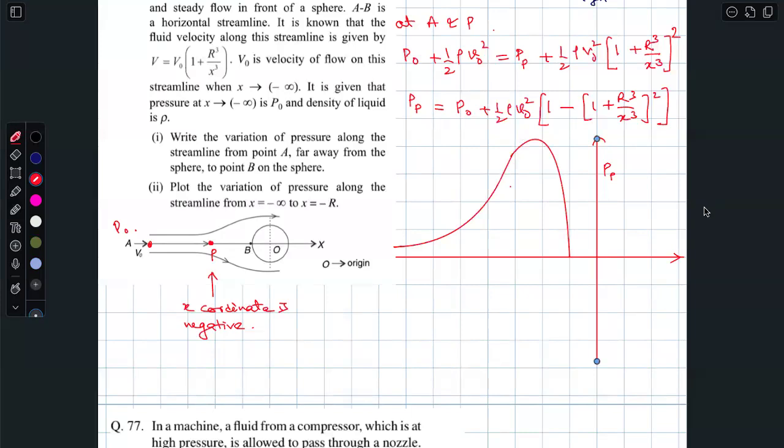Approximately, the nature of the graph goes like this. Remember, when x becomes equal to r, this will become 1 minus 1. The entire thing will become 0. When x is equal to r, what happens?